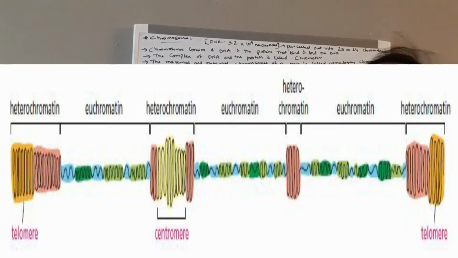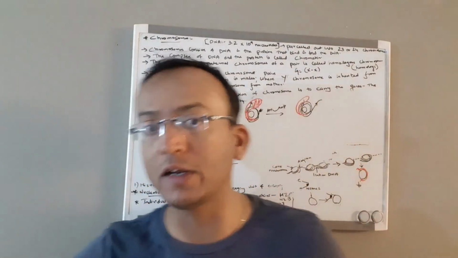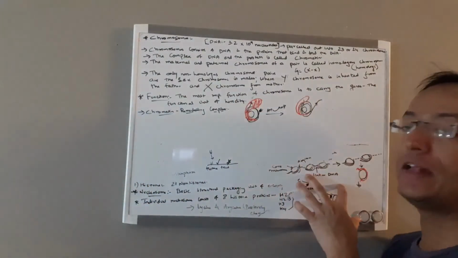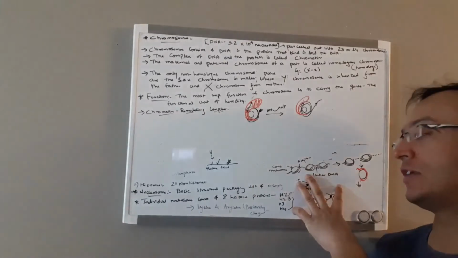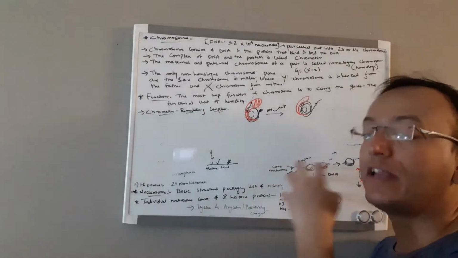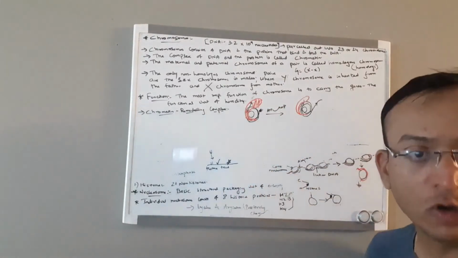Each type of chromatin structure is established and maintained by different sets of histone tail modifications that attract different sets of non-histone proteins. As we studied, chromatin is made up of histones with tail modifications, and these histone tails attract non-histone proteins.